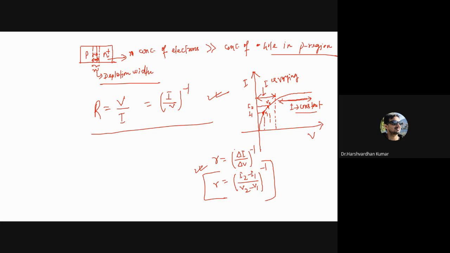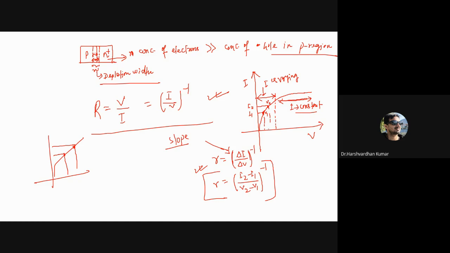So this ratio is known as the slope. If you remember, for a linear line also, if you want to find the slope of the line, you just take 2 points. This is basic mathematics.